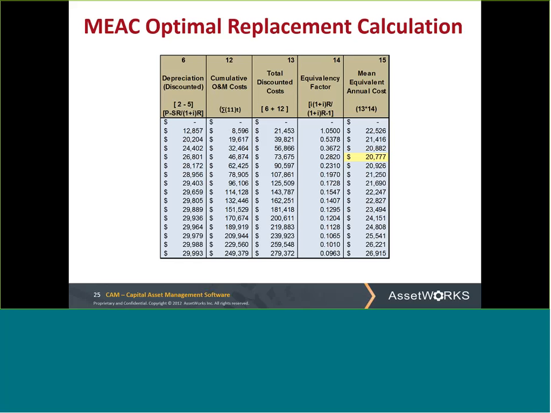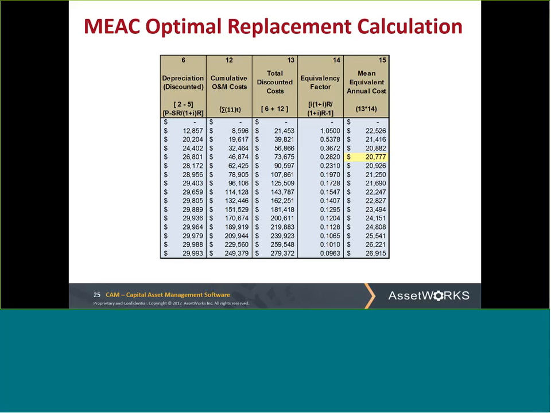Now, in this illustration, in year 4, my mean equivalent annual cost is $20,777, which is the least of the planning horizon that I have. So with this asset, I would want to replace it in the 4th year, because if I start to keep it beyond that 4-year horizon, my cost per year to own this asset is just increasing.